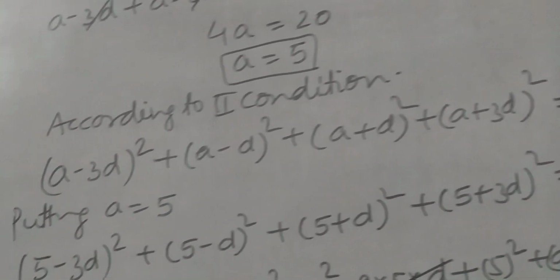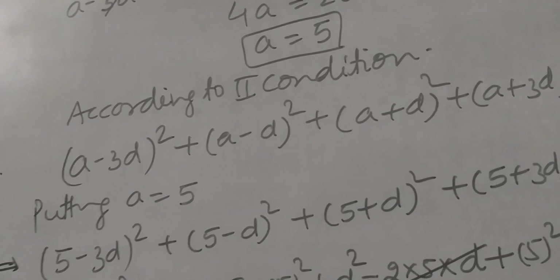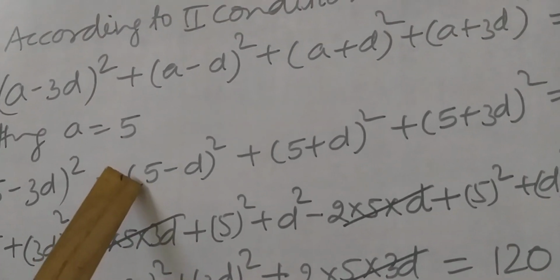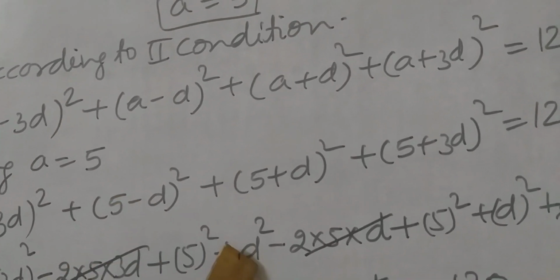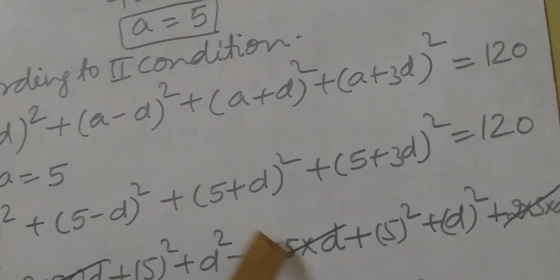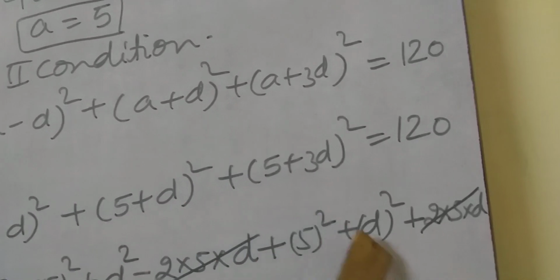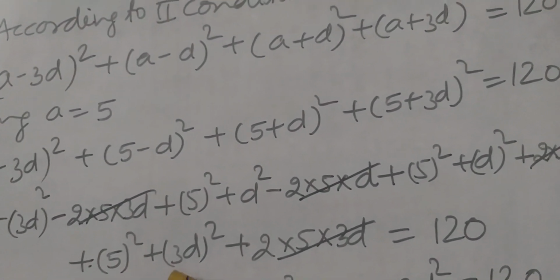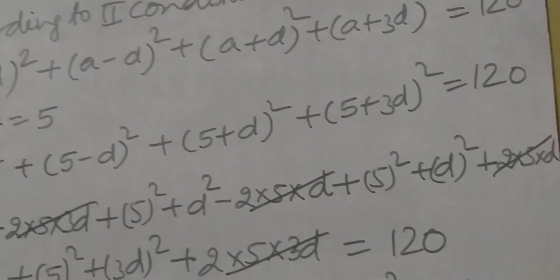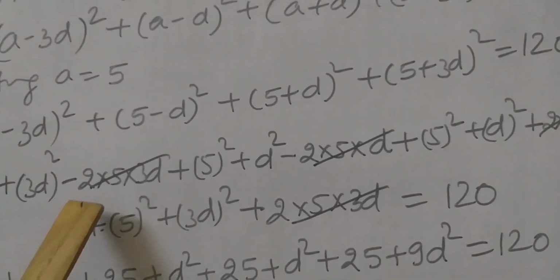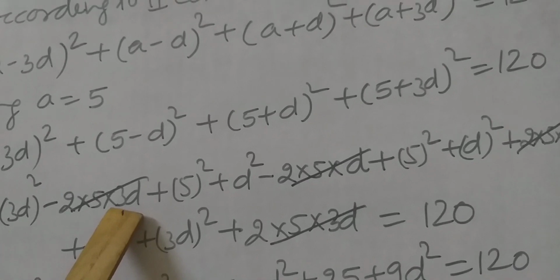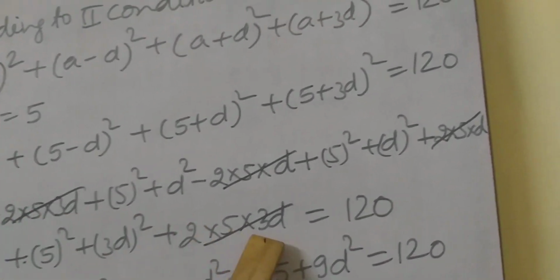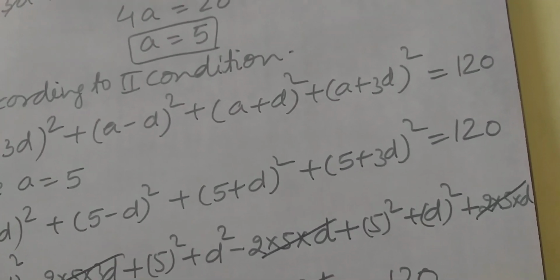equals 120. A square plus B square minus 2AB. A square plus B square minus 2AB. A square plus B square plus 2AB, plus A square plus B square plus 2AB. Okay, students, you can see minus 2 into 5 into 3D and 2 into 5 into 3D are both equal, so both will be cancelled.